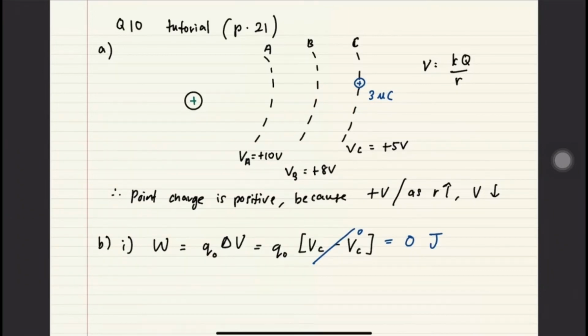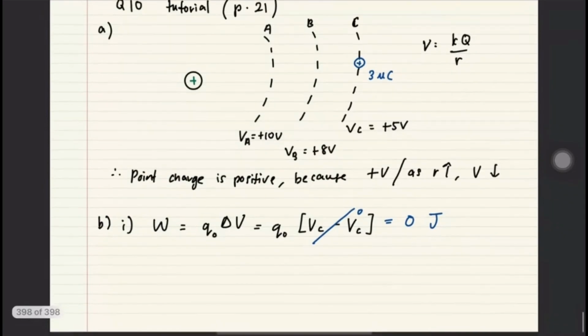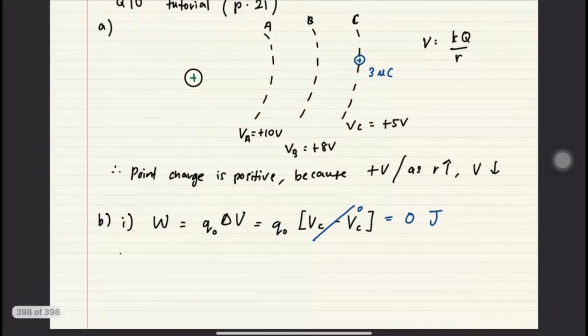Okay, let's look at the second part. Number 2: find the work required to move along the radius from C to A. Some books use CA, some use AC.